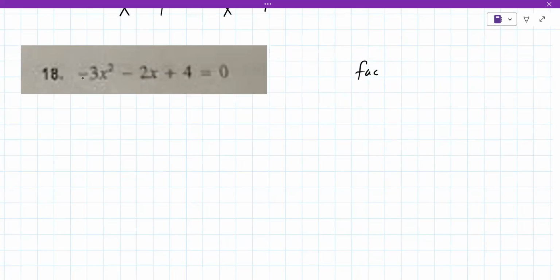One is to use factor by grouping. Another option is to use the quadratic formula. Either of those stand out to you? A quadratic formula, right? Because that's what we were doing before. Could be that you have a lot of ways to solve the same problem. Some ways are better than others, but okay, let's do quadratic formula here.